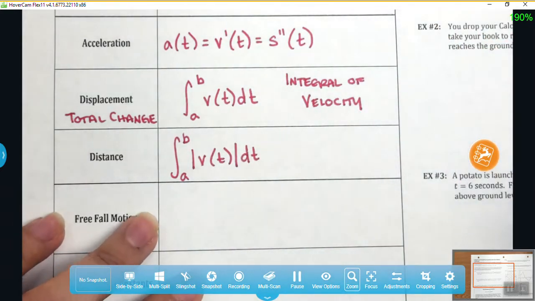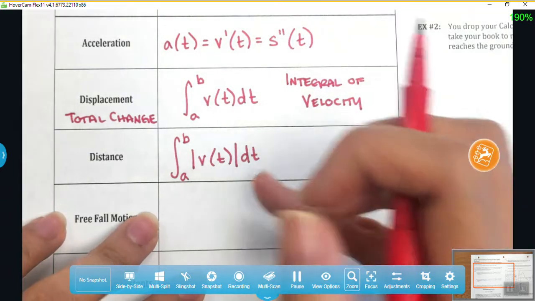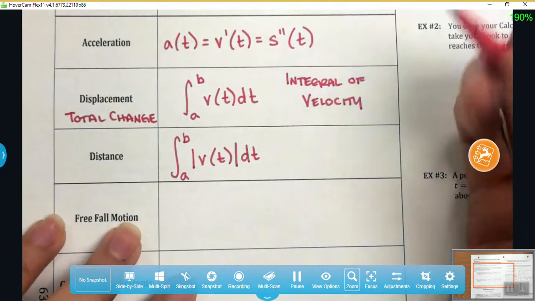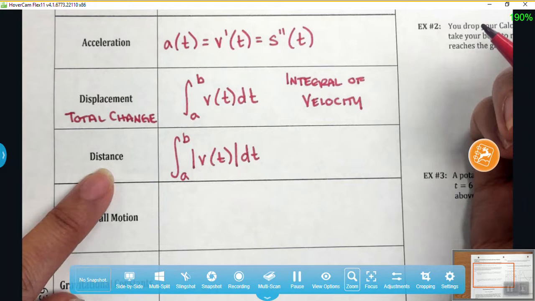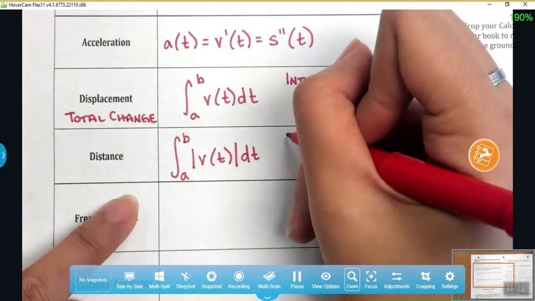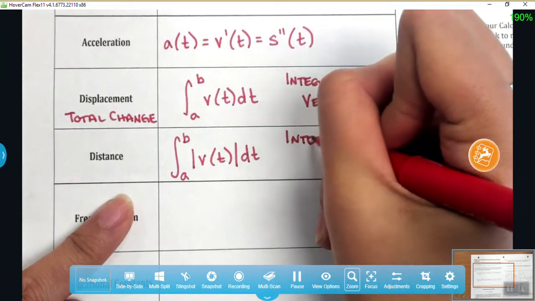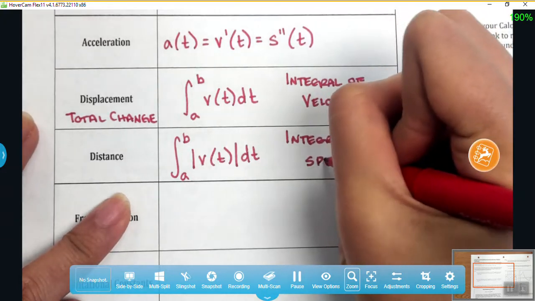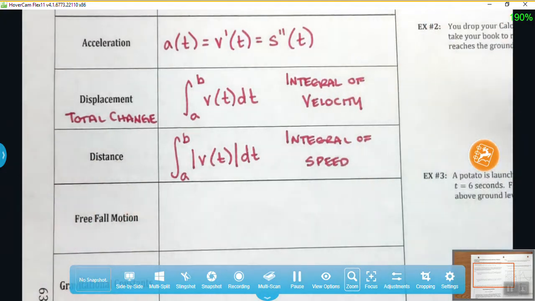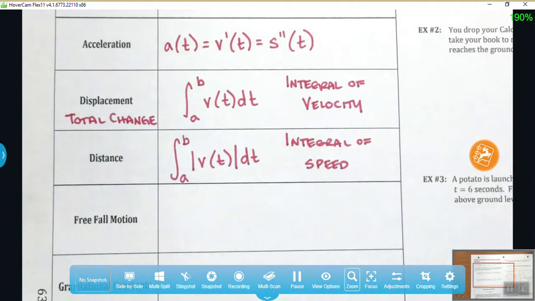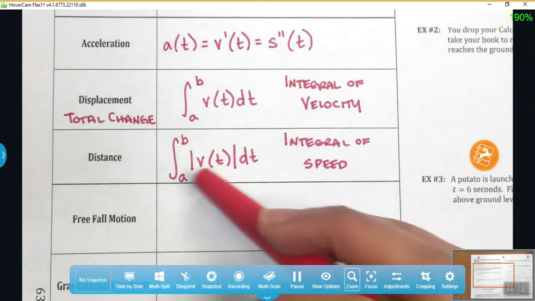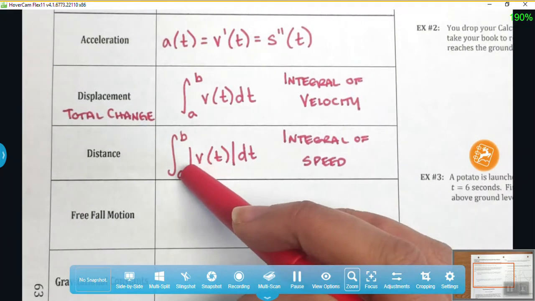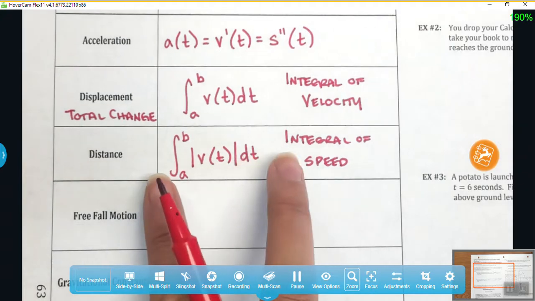I don't care which direction I'm going, I just want to find total whatever accumulated. I remember this as the integral of speed. So displacement, integrate velocity; distance, integrate speed. Put the absolute value signs on the inside of your integral, not on the outside.